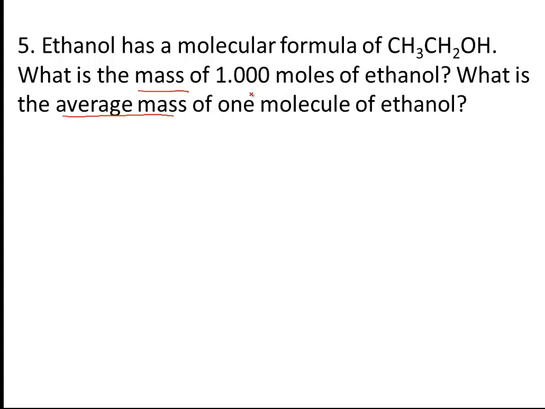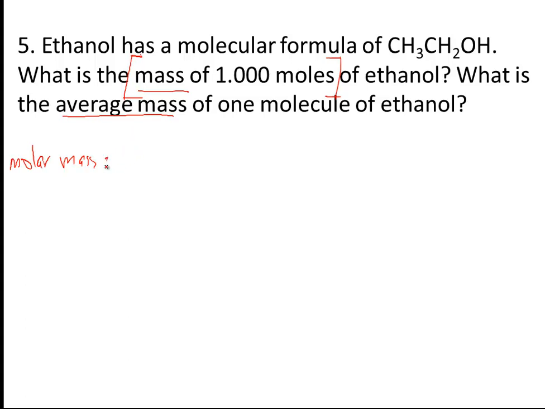So if we want to know the molar mass, let's take a look at this expression. These words, mass of 1.00 moles. This is what we call the molar mass, right? The molar mass is simply the mass of 1 mole of a substance.